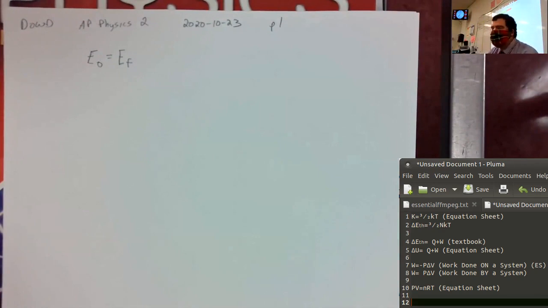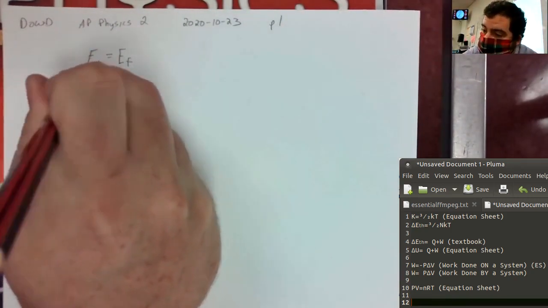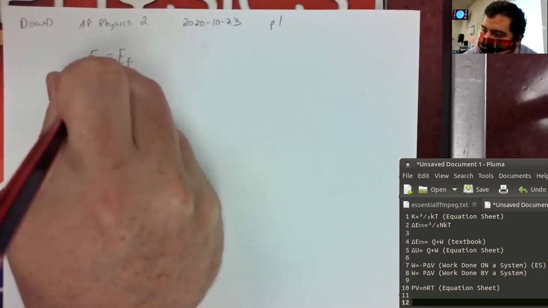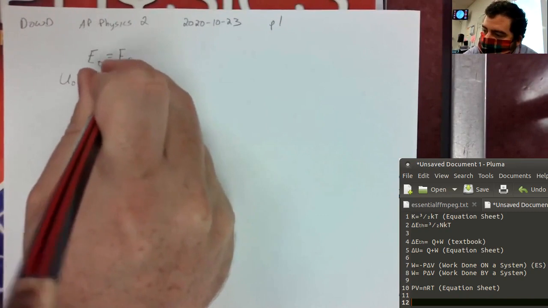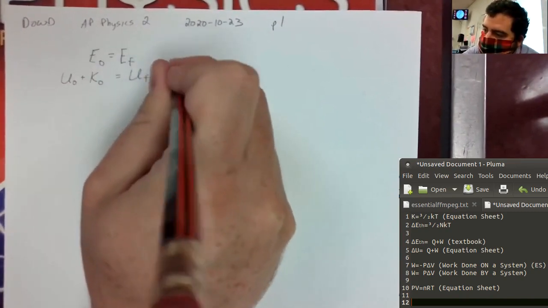So in Physics A or AP Physics 1, what are the types of energy we primarily focus on? Potential and kinetic. So I'm going to write potential original plus kinetic original equals potential final plus kinetic final.